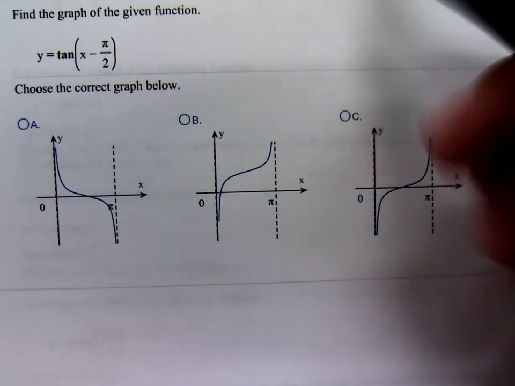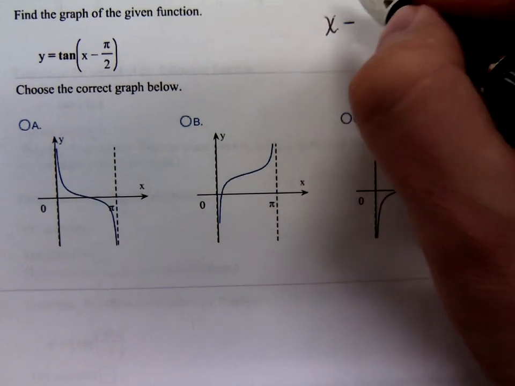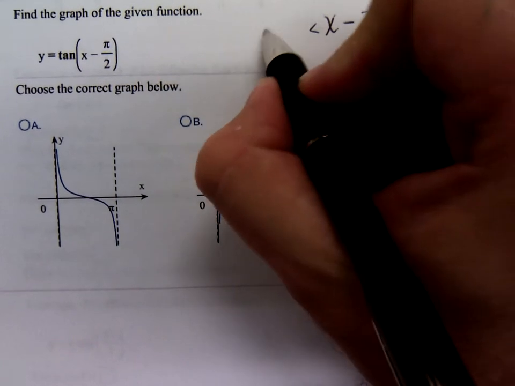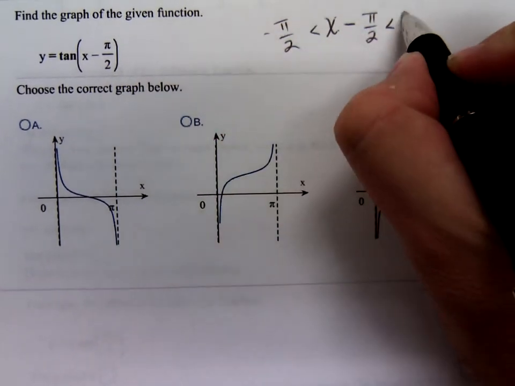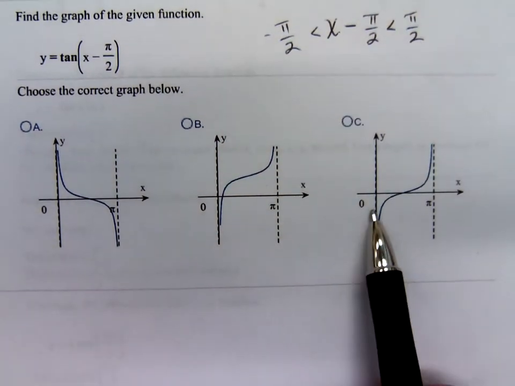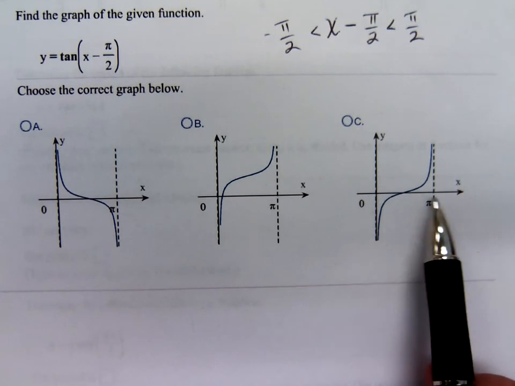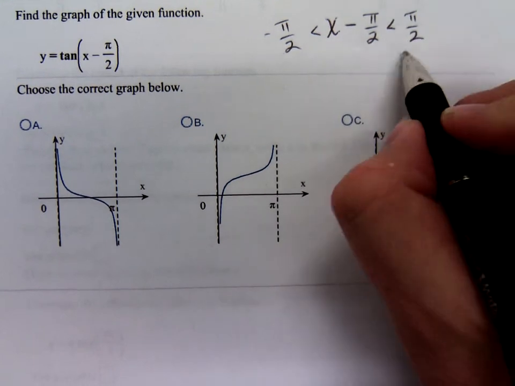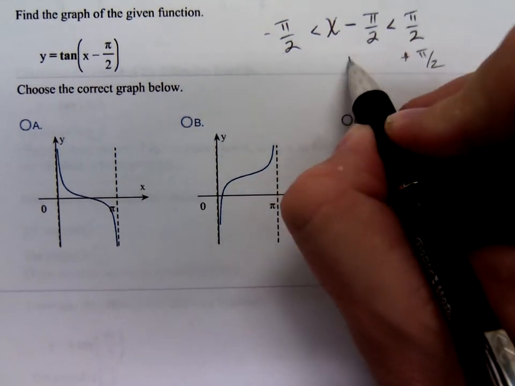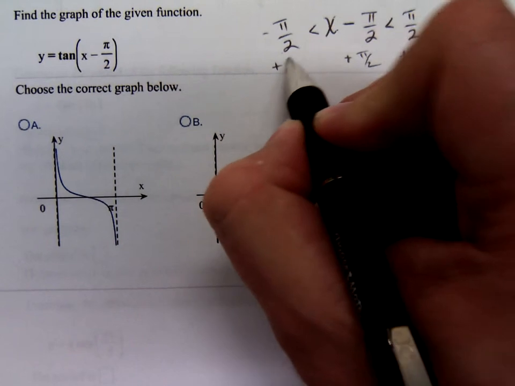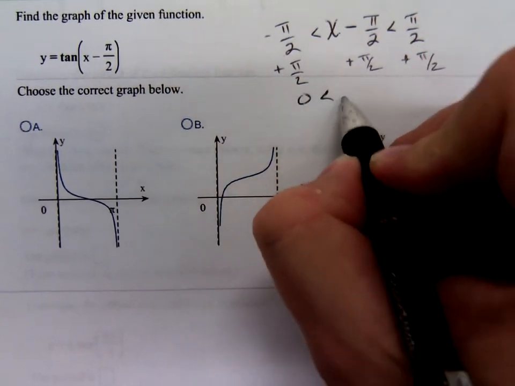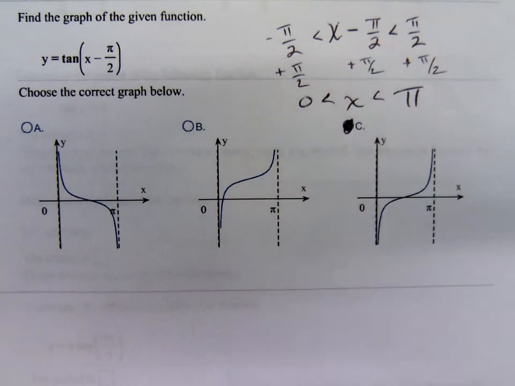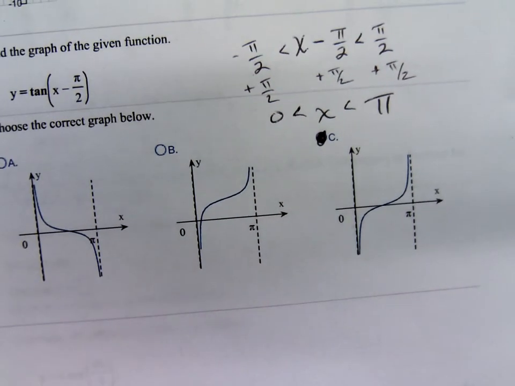Have you set x minus pi over 2 between negative pi over 2 and pi over 2? Aren't the asymptotes going to turn out to be 0 to pi if you added pi over 2 all the way through? So it is C here.